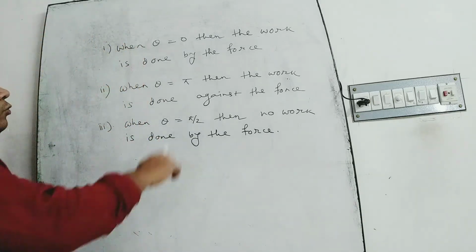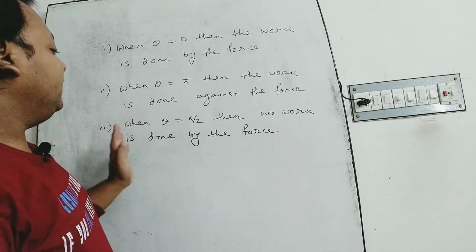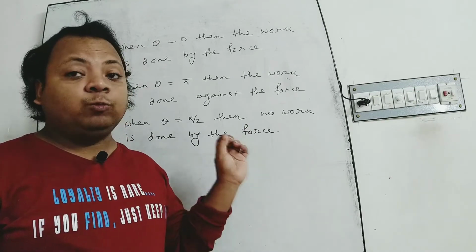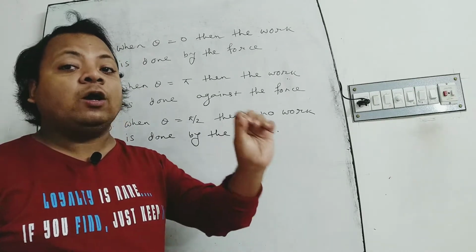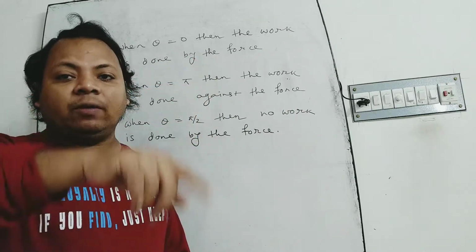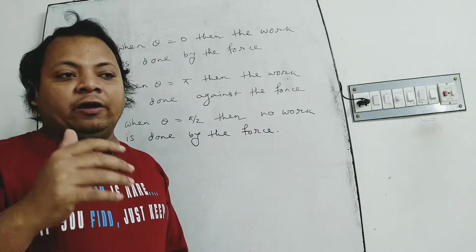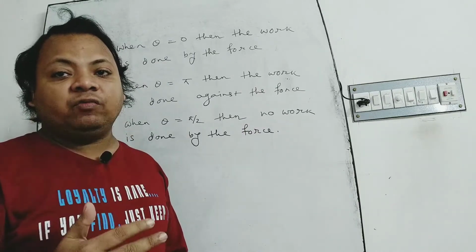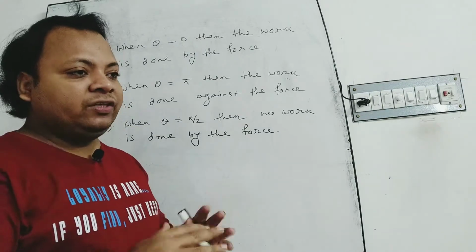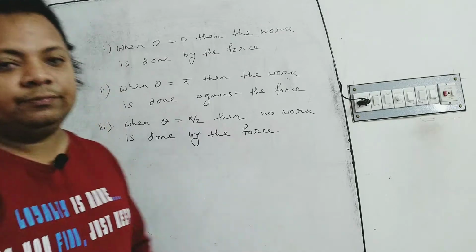And when theta is equal to 90 degrees or pi by 2, then no work is done by the force. This force is known as a no work force. When a particle moves along a circular path, then the work done by the centripetal force or centrifugal force is zero. This type of force is known as a no work force.